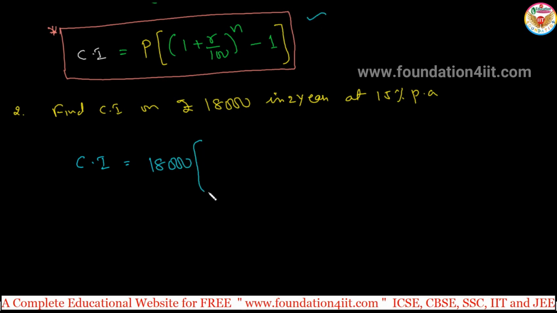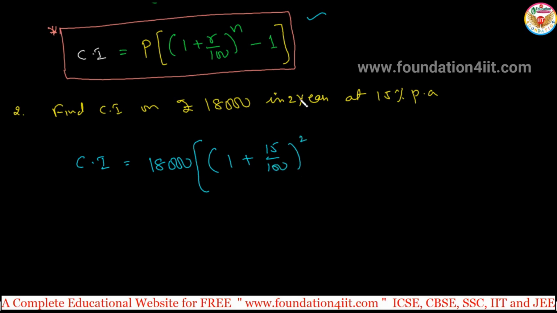18,000 is the P, in the bracket 1 plus R by 100. Rate of interest is 15. 15 by 100 to the power 2, power n, so 2 years, minus 1, and close this. If you calculate this, finally we'll get the compound interest.